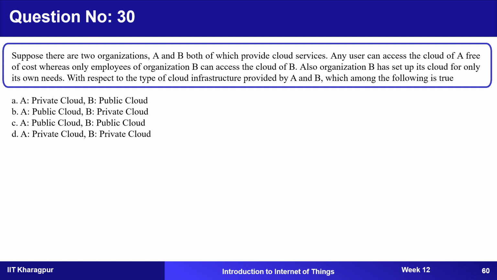A is private, B is public; A is public, B is private; A is public, B is public; A is private, B is private. Answer will be B, ma'am, because A is free of cost, meaning public, and B is private. Okay. Anyone else?